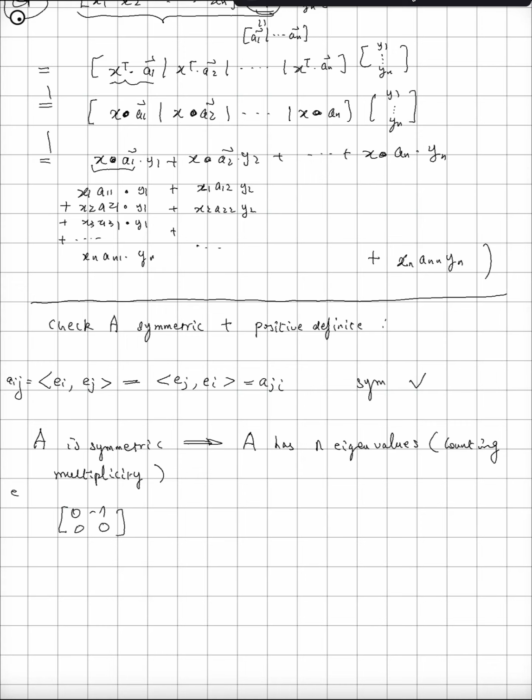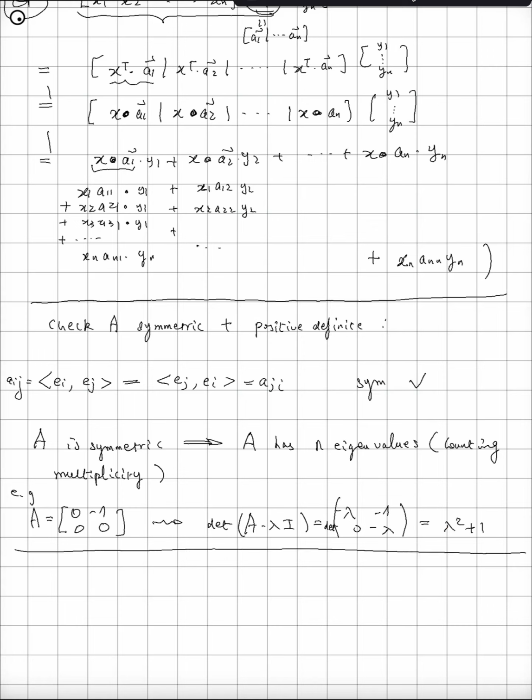If this is your matrix, of course I'm not giving an example of a symmetric one, because for symmetric matrices we have a result that they always have n eigenvalues counting multiplicity. Then this gives you the characteristic polynomial, whose determinant would be lambda squared plus 1.